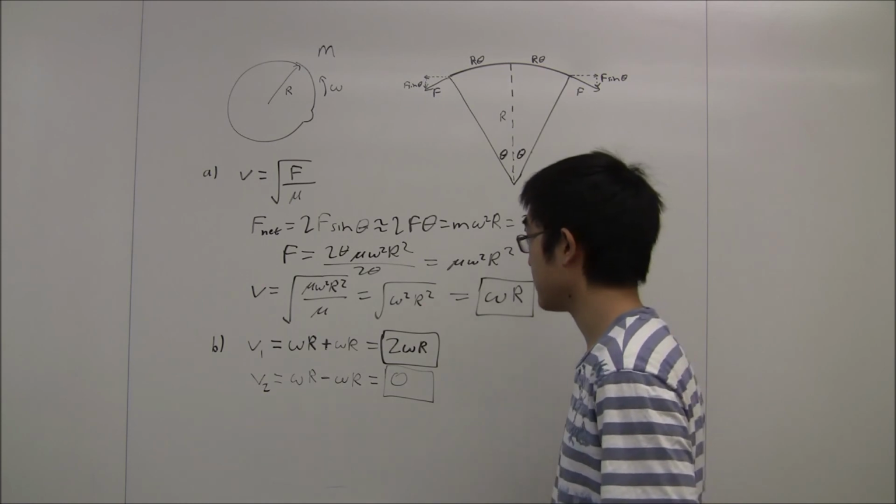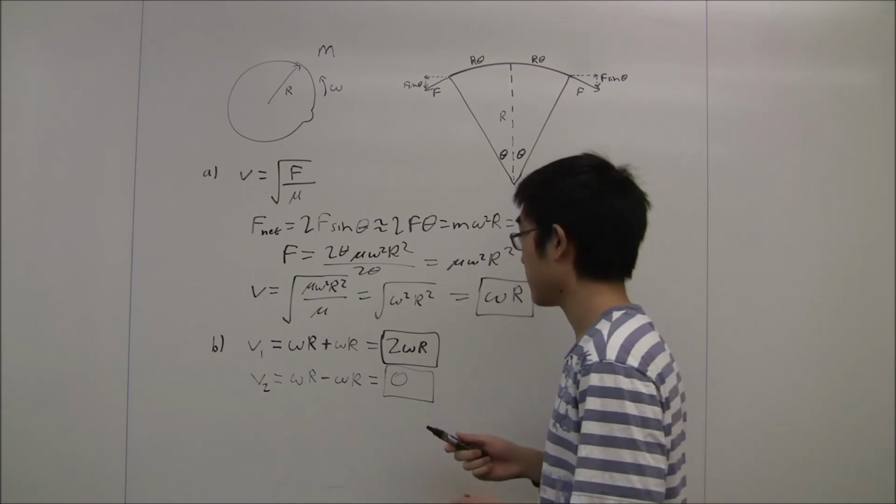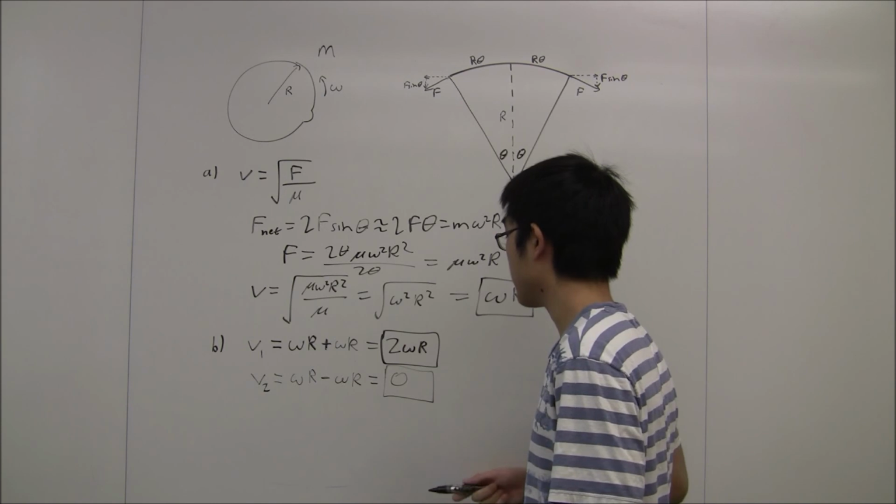So our two possible speeds for the wave relative to the laboratory are 2 omega big R and 0.